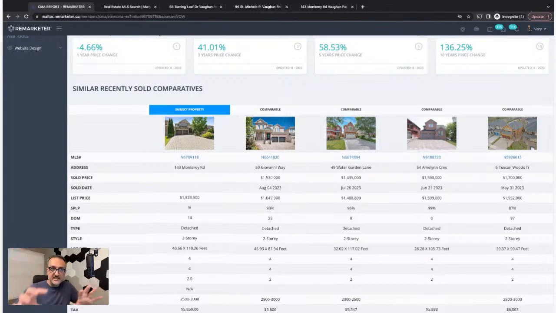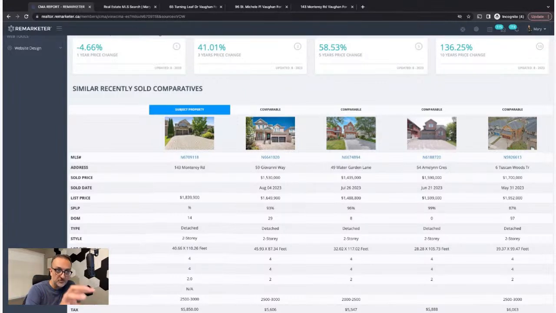So you can really see if a 5 bedroom property sold for 1.8, my 4 bedroom property might not be able to sell at that price. So these are the different things that you will see here that you might not see otherwise, because there you're filtering out all the other possibilities for the buyers out there before you do your CMA.